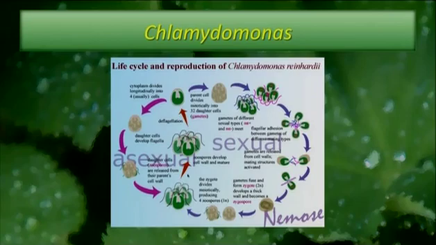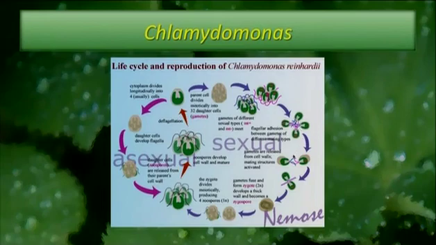Now the sexual life cycle. The parent cell divides mitotically into daughter cells. You have gametes of different sexual types, the plus type and the minus type. They stick to each other.